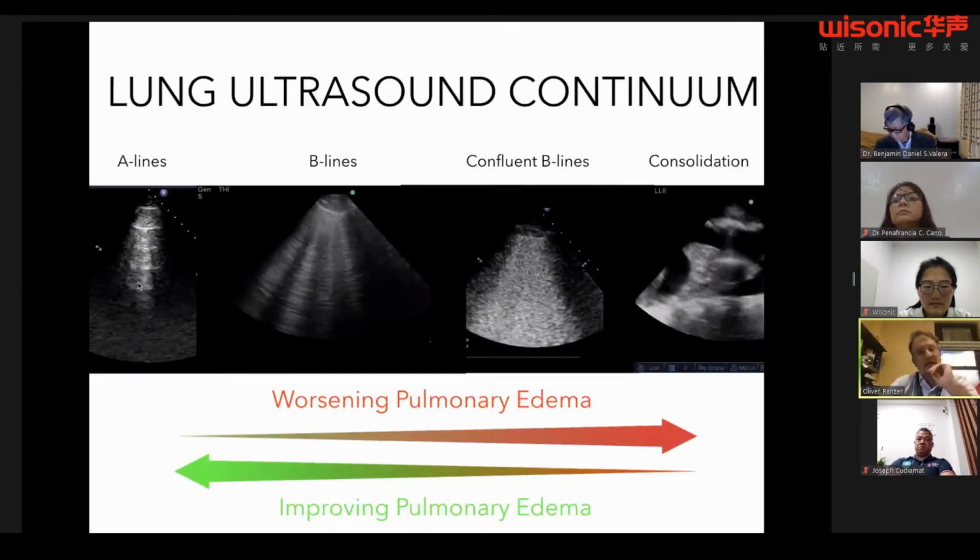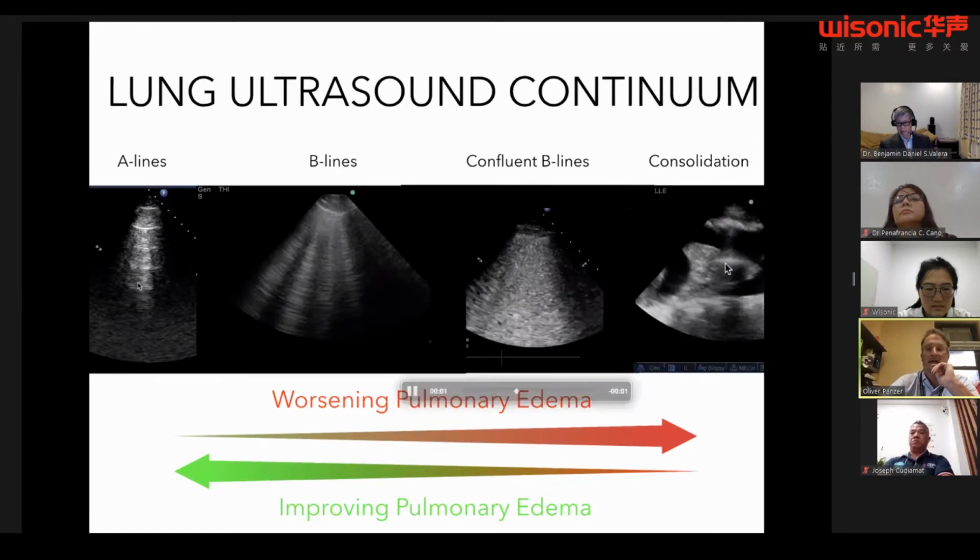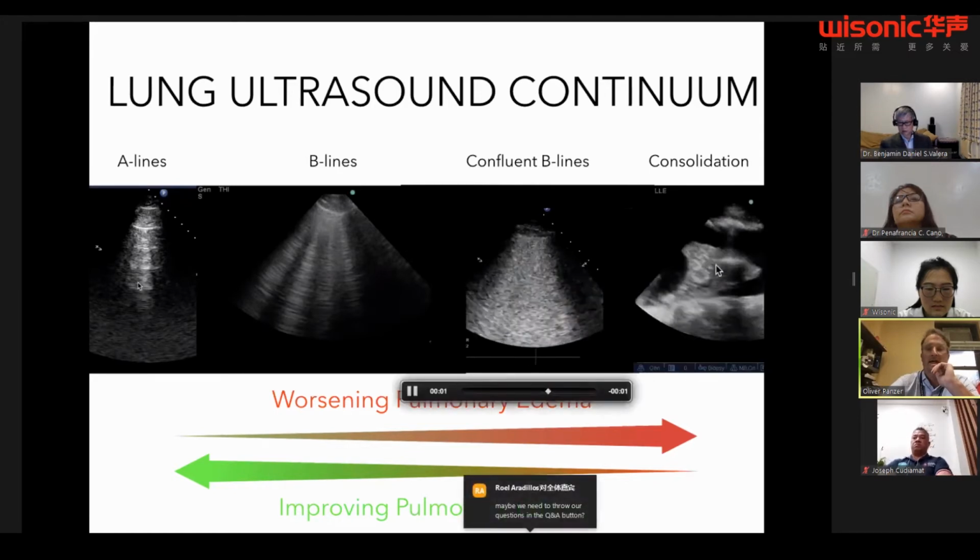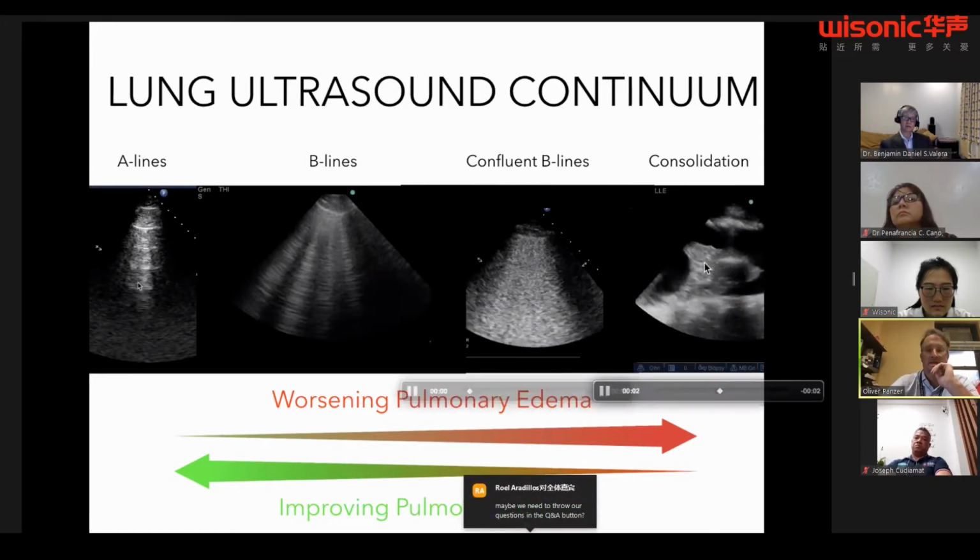What I want to highlight is that all the signs that we've talked about in lung pathology are basically a continuum of worsening pathology. So you start with a normal lung with A lines. The moment you have B lines, you know that there's worsening lung density pathology, and it evolves to ground glass opacities, which are these confluent B lines, and ends up ultimately in lung collapse and consolidation.